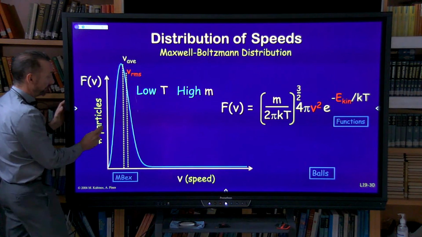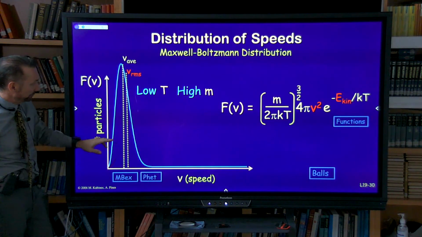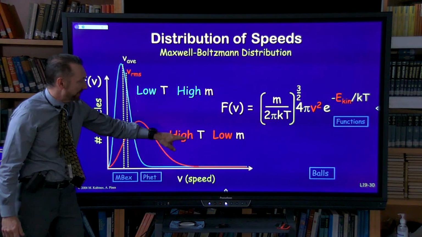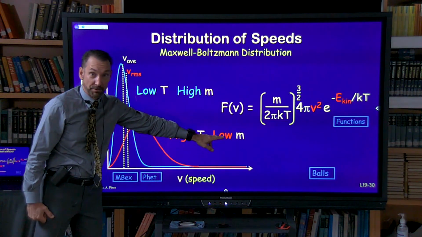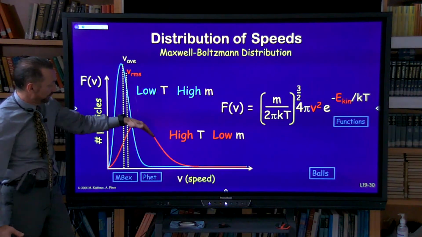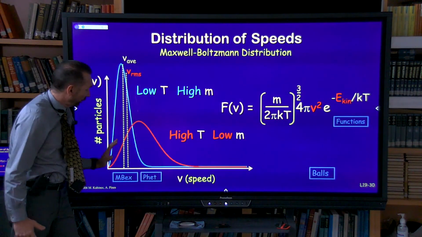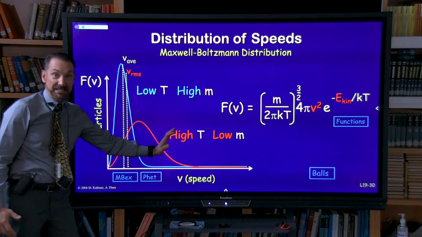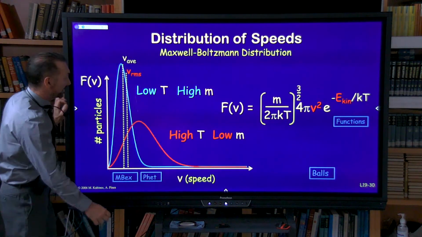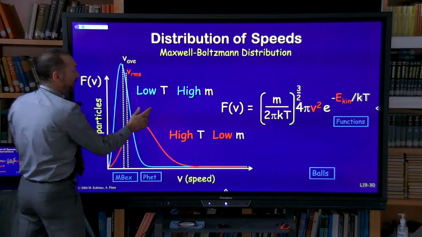Total number of particles is the same. If I go to either a higher temperature or a lower mass, or both, of course, the distribution goes to a greater distribution of speeds. So I have more speeds available, more microstates available at lower mass or higher temperature.